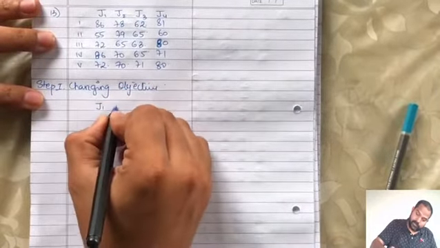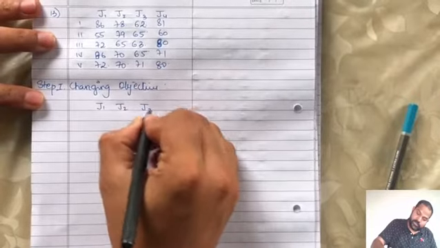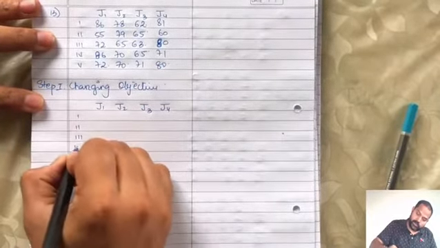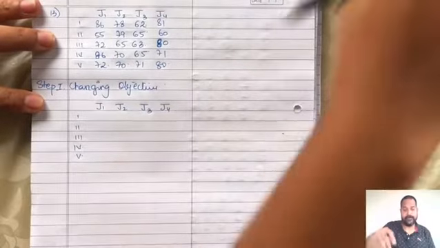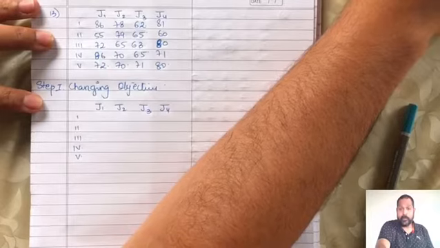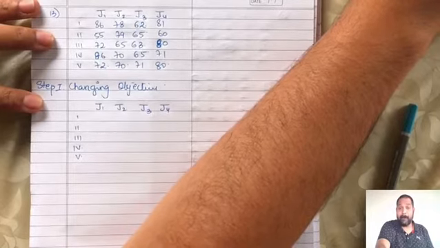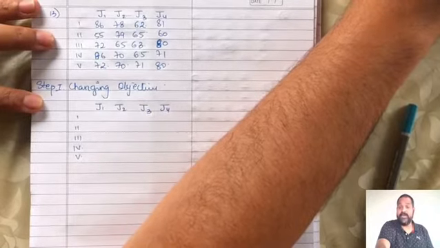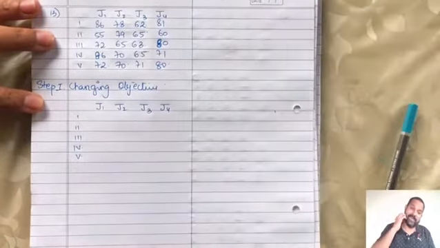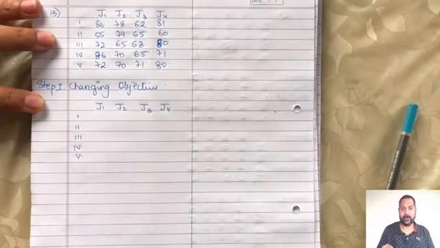So J1, J2, J3, J4, 1, 2, 3, 4, 5. What are you going to do? Pick up the most maximum out of the entire matrix and subtract it from every other element.